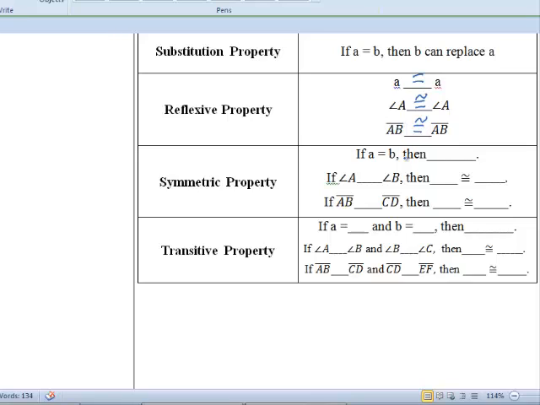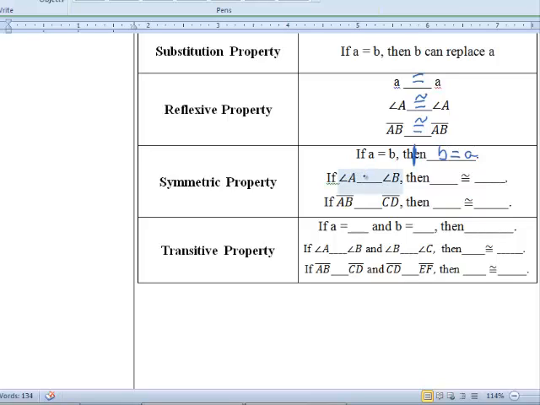The symmetric property, if A is equal to B, then symmetrically B is equal to A. I can think of there being a mirror right here on the then part. Look at this conditional statement. If something, then something. There's a mirror there, so it's reflected across the exact same thing on both sides.